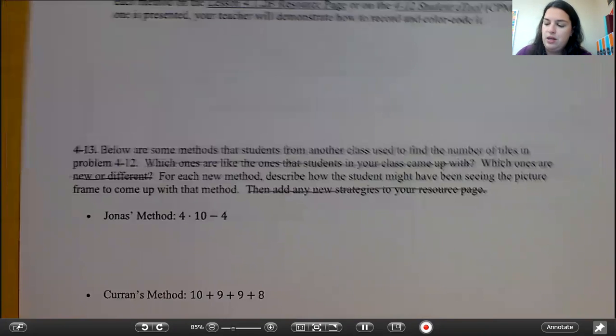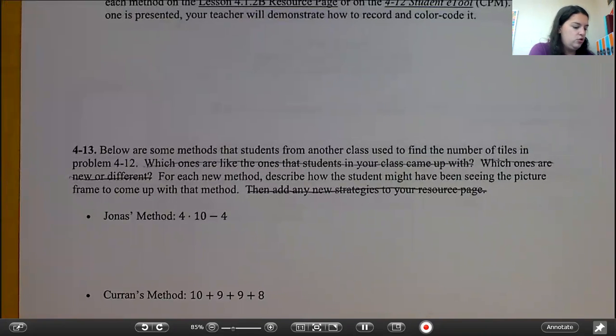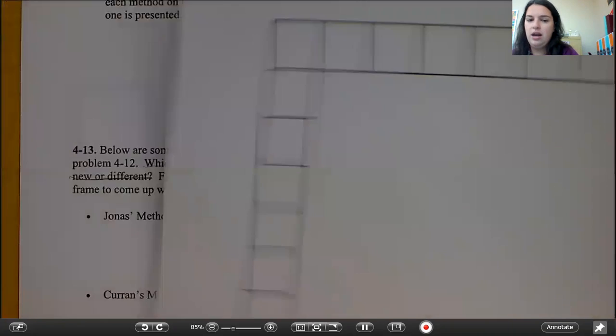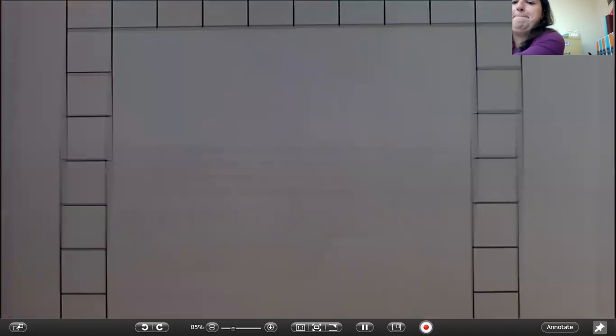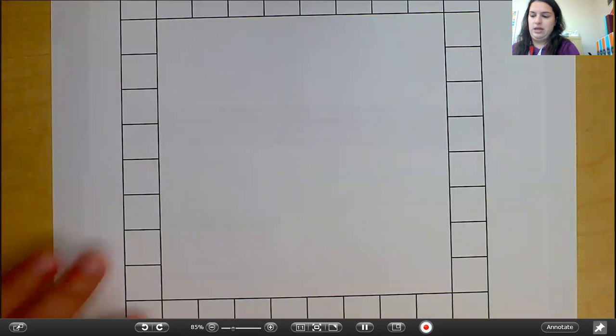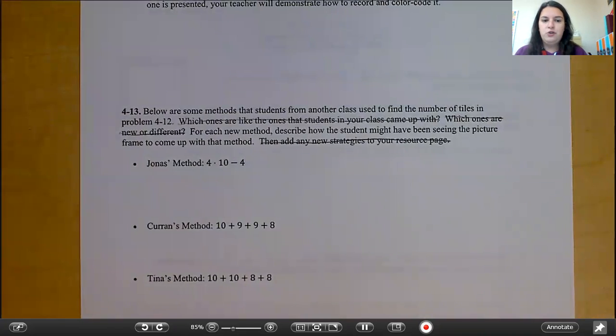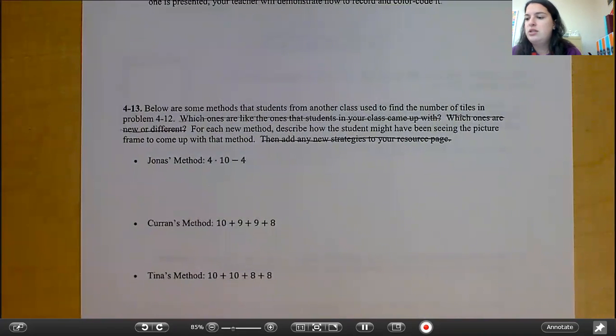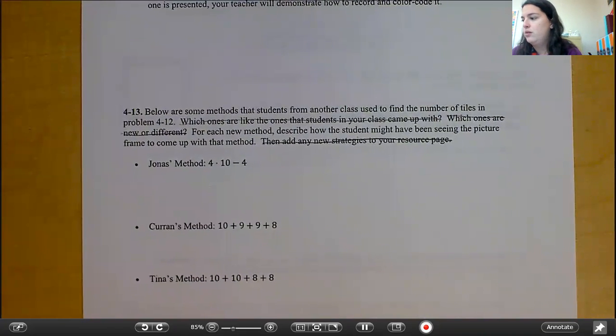For Jonas's method, and I'm going to bring out the resource page so it's a little bit bigger. And I'm going to flip in between both. So we have the frame here, and I'm sorry that it can't fit all the way in the frame. For Jonas's method, 4 times 10 minus 4.